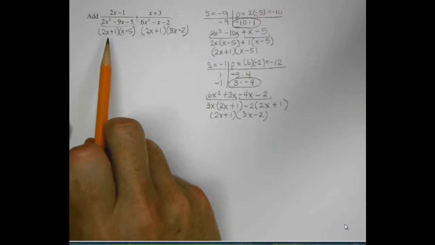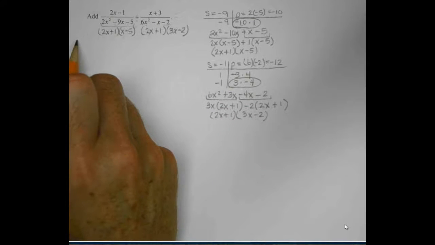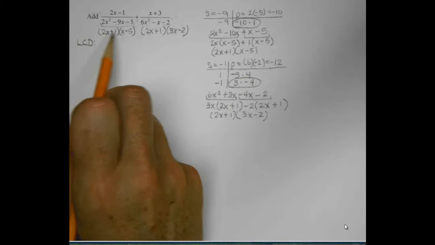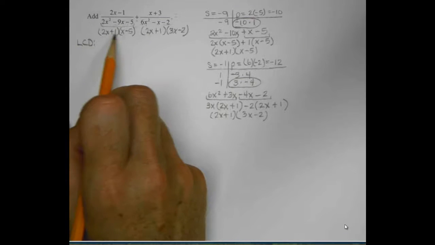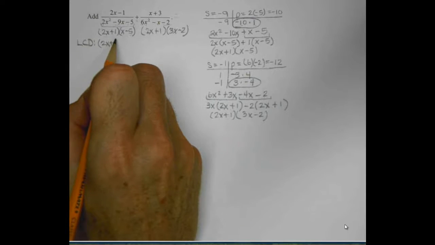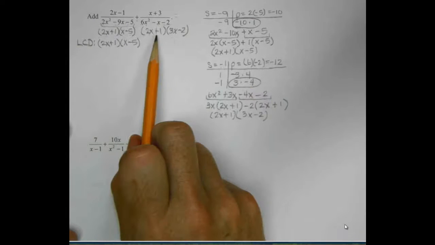Now I should be able to find my least common denominator, and remember to do that. I take all the factors for my first denominator because I have to be able to represent each denominator in my common denominator. And then I look at my next denominator.